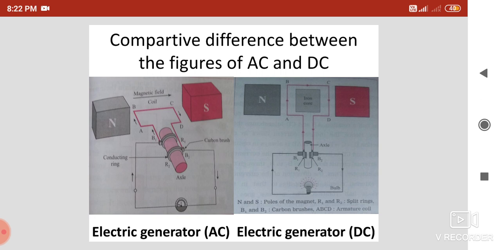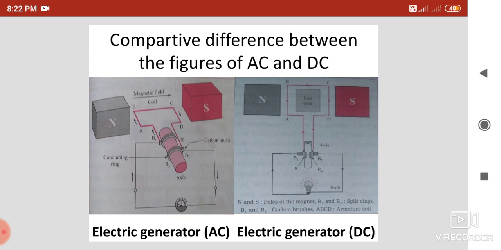So observe both the figures and find out the difference between this AC and DC generator. If you see, in the AC generator there is a galvanometer, but in case of the DC generator you can see there is a source of light shown.